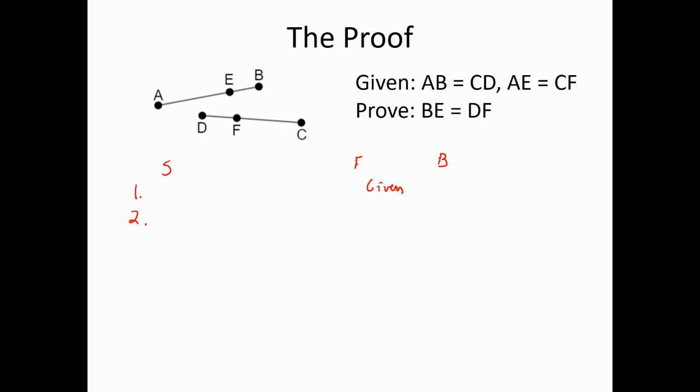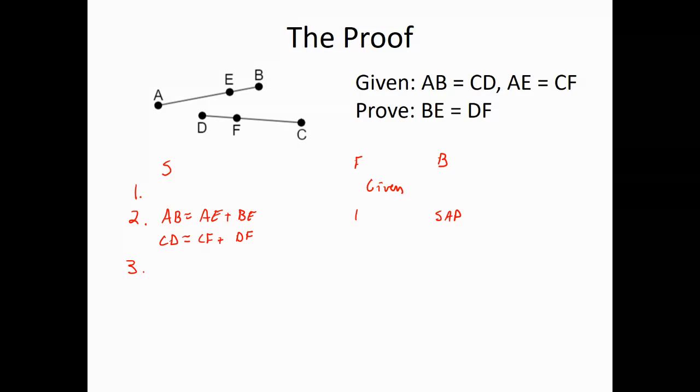And I think what we ought to start with is this, that the whole AB is equal to the part AE plus the part BE. And likewise, and for the same reason, CD is equal to the part CF plus the part DF. And both of those follow from the given by the segment addition postulate. Now, what are we going to do with this?